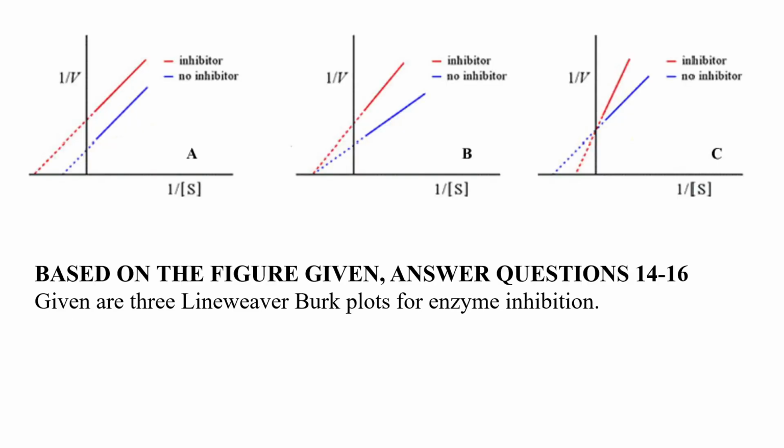So let's see. In A, B and C, three types of inhibition are shown. In case of A, both Vmax and Km are changing. In case of B, Km is constant and Vmax is changing. And in case of C, Vmax is constant and Km is changing. So which is what?